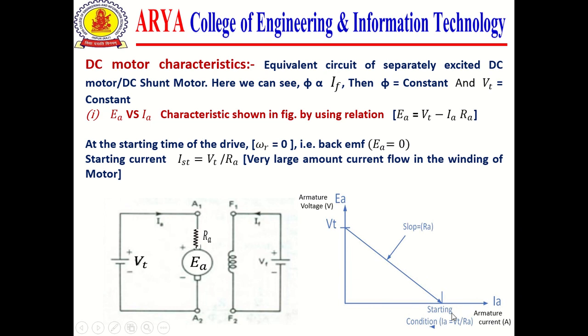This is the maximum current, a large amount of current. At the starting time of the drive, speed is 0, so the back EMF is 0. So the starting current Ist equals Vt upon Ra. It is a very large current flowing in the motor winding at the time of starting. So we take up starting methods of the DC motor.